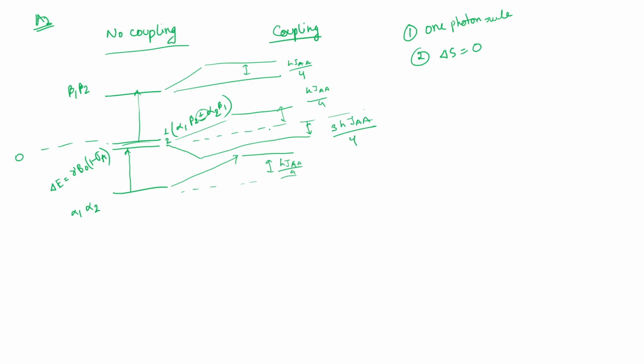Because why is this spin multiplicity coming? Because now it is on the same equivalent, so you have to consider the spin also. So see, for alpha 1 alpha 2 it is symmetric, for the plus it is symmetric, beta 1 beta 2 is also a symmetric spin function.